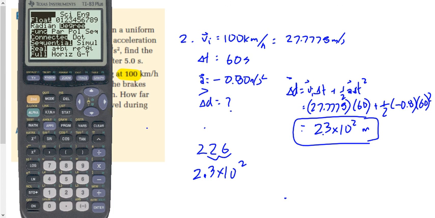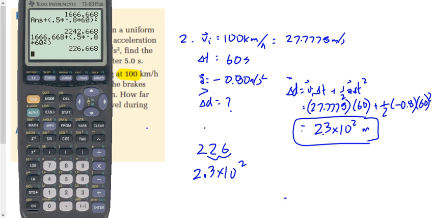Go to mode, scroll over to scientific, and then just times your answer, what you just got, by 1. That should give me 226 again, right? Except this time it's going to give it to me in scientific notation, which is 2.26. Well, I want 2 digits, so 2.3 times 10 to the 2. Make sense?